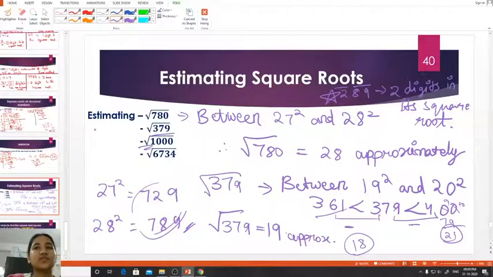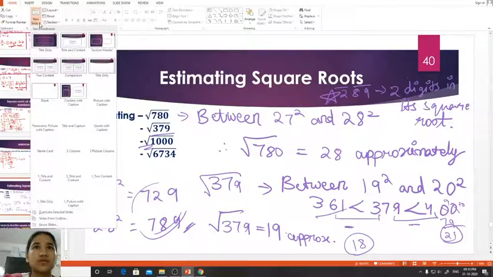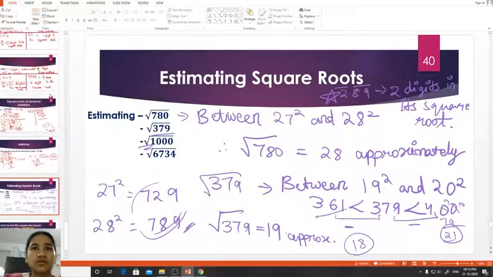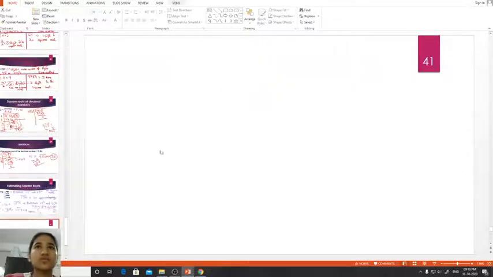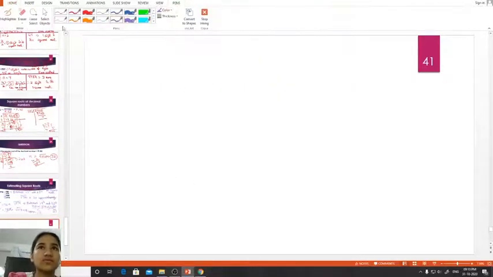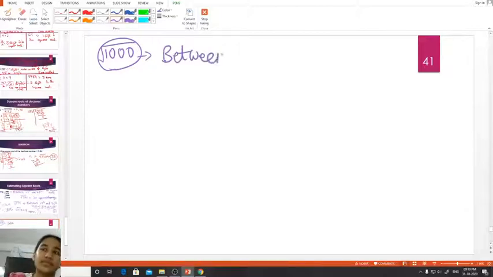Same, we have to go with 1000. So 1000 lies between which two numbers? The square root of 1000, between which two numbers? Your 10 square is 100.